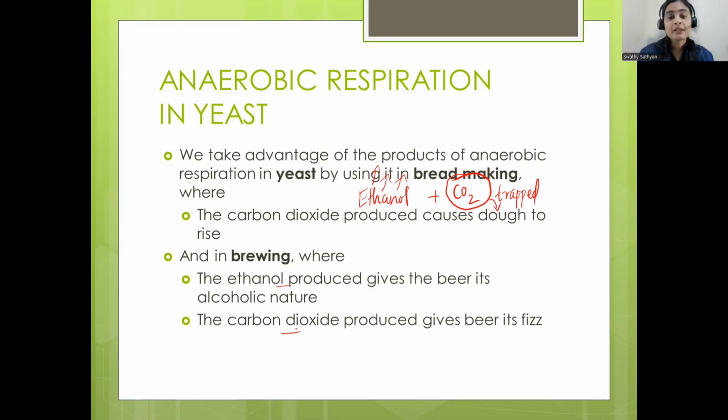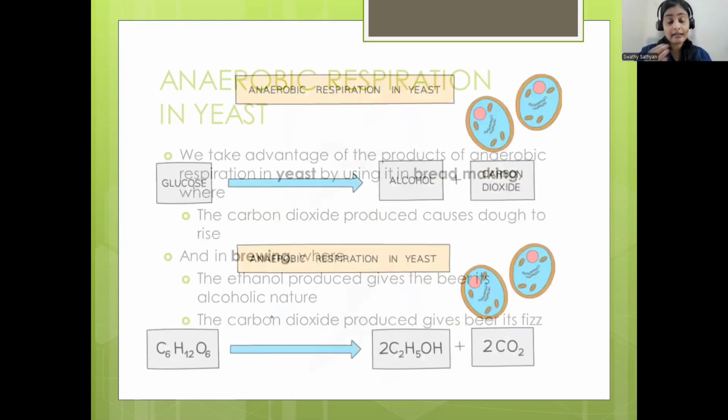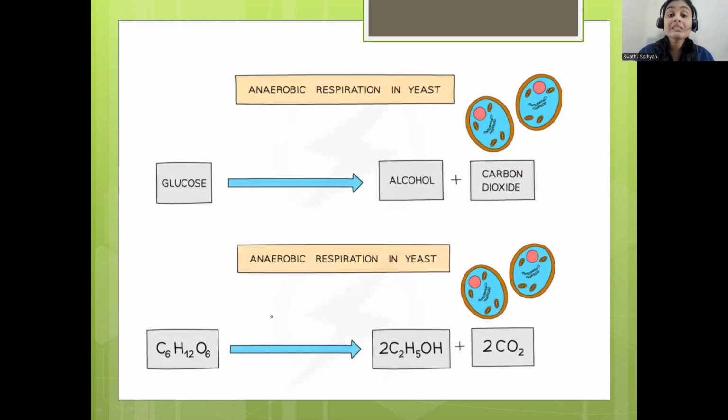A fizz occurs because of the presence of carbon dioxide. Okay, let's see the reaction. So glucose in the absence of oxygen produces alcohol and carbon dioxide in the yeast cells.